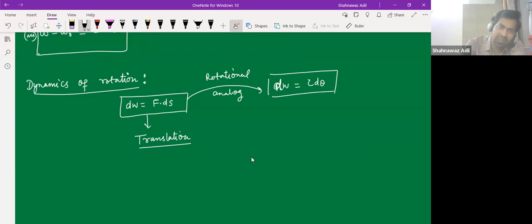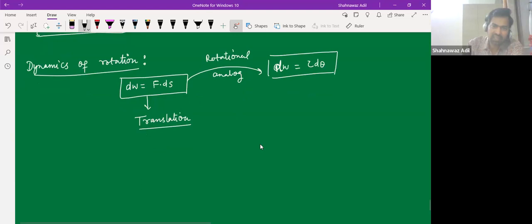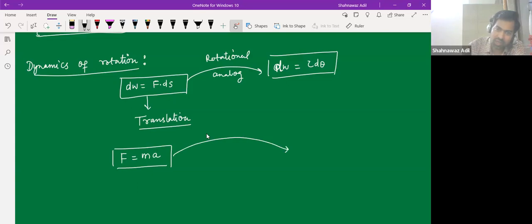And if we write, you have already seen what F equals ma is. So for the case of a rotating body, that would be, what is the rotational analog of mass?